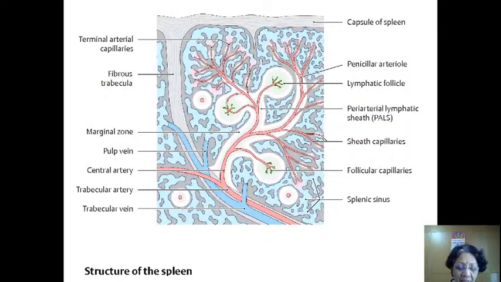Now we've done the microstructure before, so I won't go into detail over here, but at this point when you revise, it's a good idea to go back and revise the histology, where we said there was a capsule, it had trabeculae, and inside there was something called red pulp and white pulp. You remember, white pulp was nothing but lymphoid follicles.